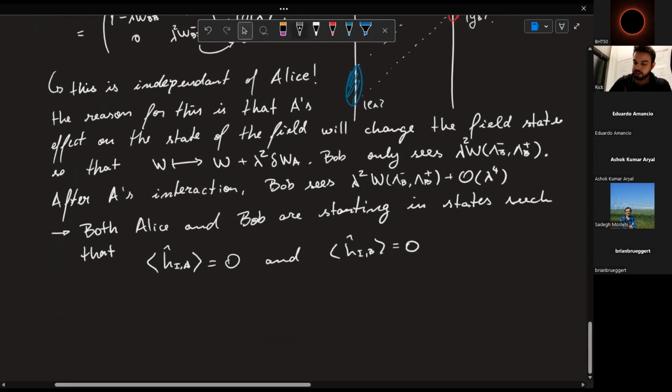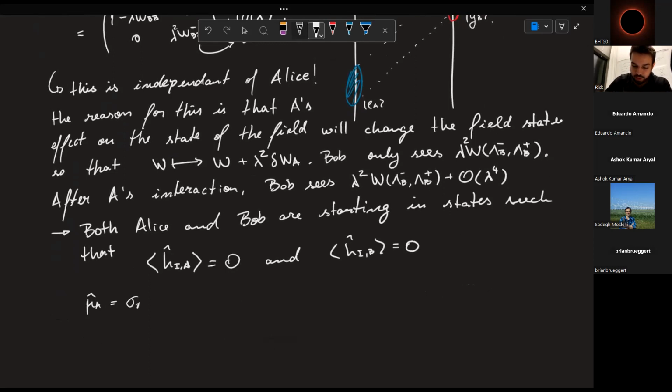What I mean here is, you remember that the mu A is basically sigma x, right? Sigma x A. And if you start in the ground state or in the excited state of a Hamiltonian which is in the sigma z direction, then the expected value of this mu A is going to be 0.